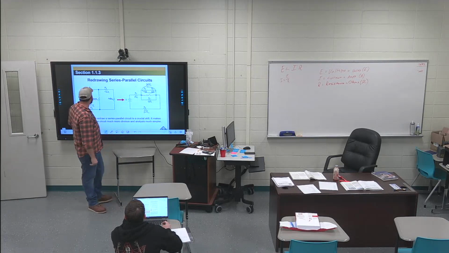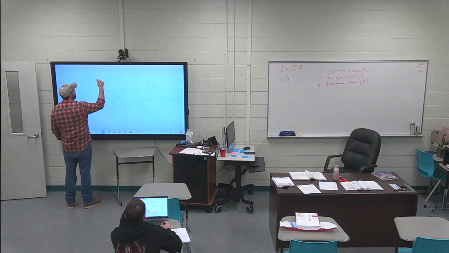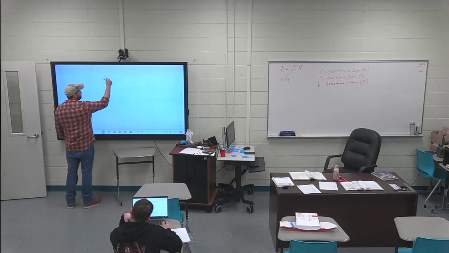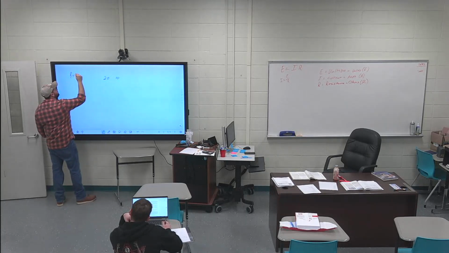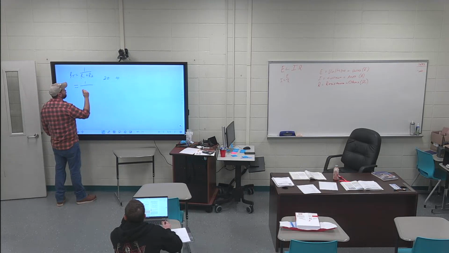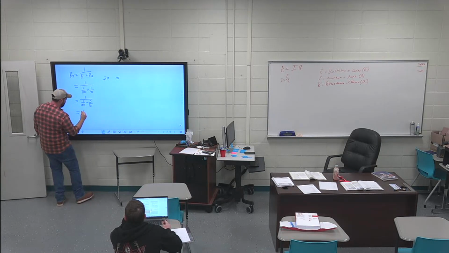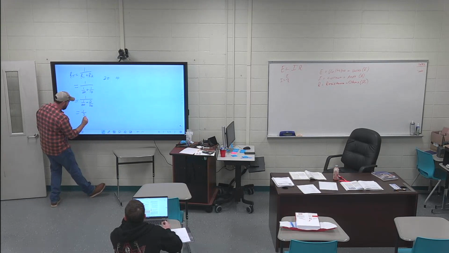Right? So now I can go do the math. I have 20 and 10 ohm. My equation that always works is resistance total is equal to 1 over R1 plus 1 over R2. I do the math, 1 over 20 plus 1 over 10, common denominator, 1 over 20 plus 2 over 20, which gives me 3 over 20.